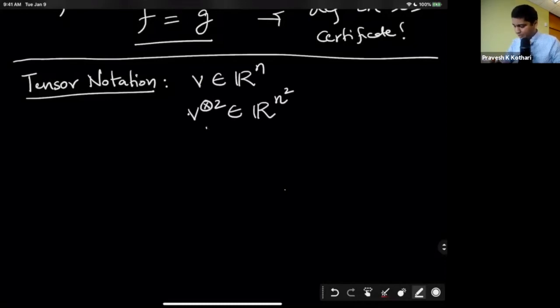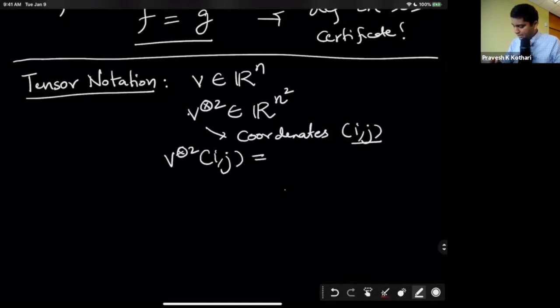So coordinates are indexed by ordered pairs (i, j), and the (i, j)th entry of v tensor 2 just equals v_i times v_j. In some sense, it's a way to write down all possible degree 2 monomials in v into a vector. And notice that the monomial v_i v_j appears twice, once as ij and once as ji.